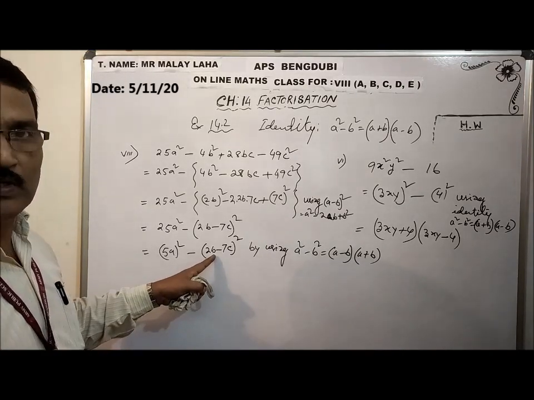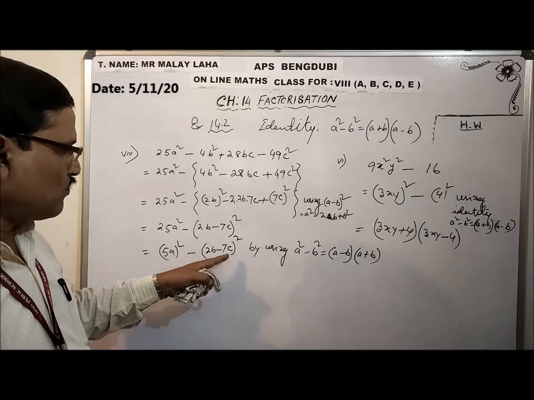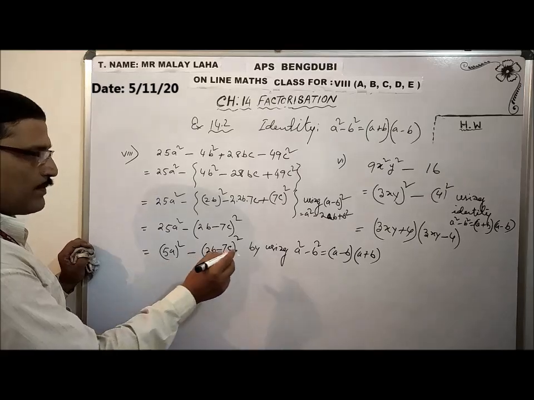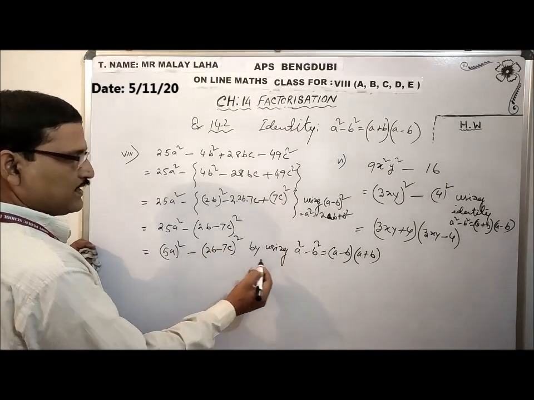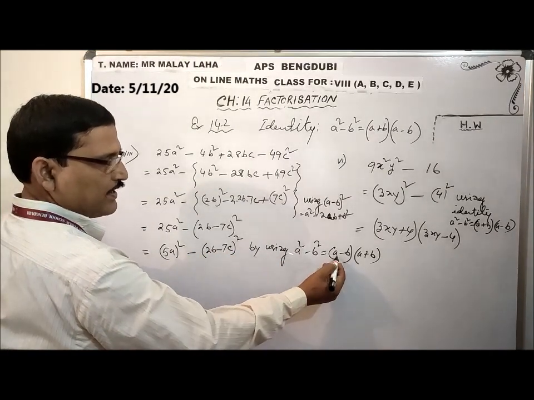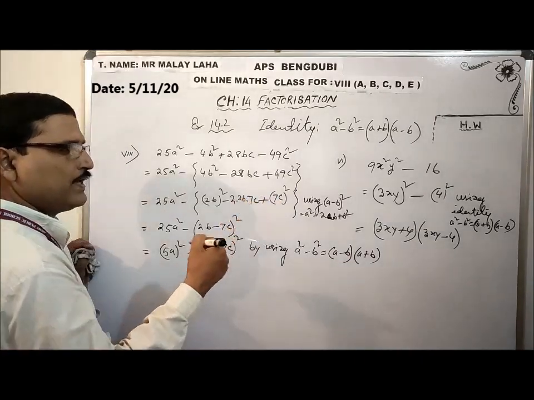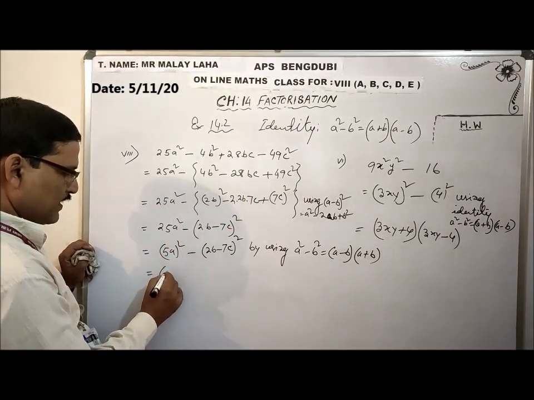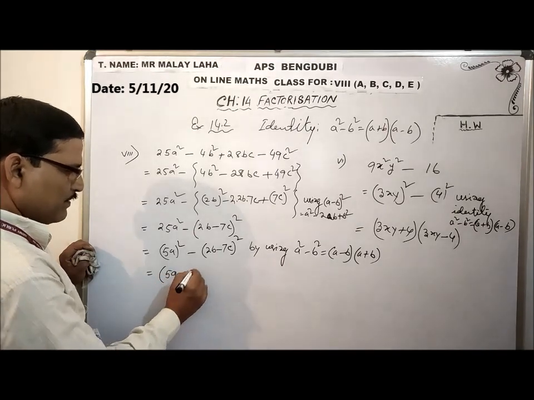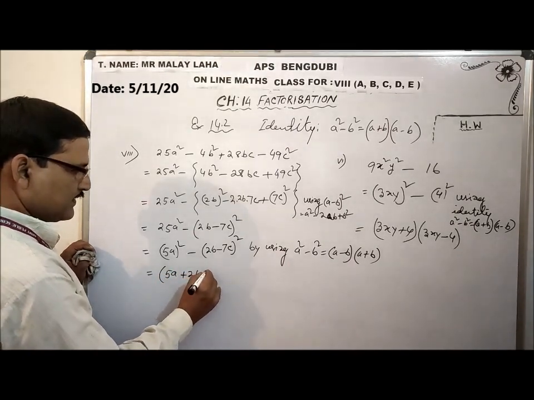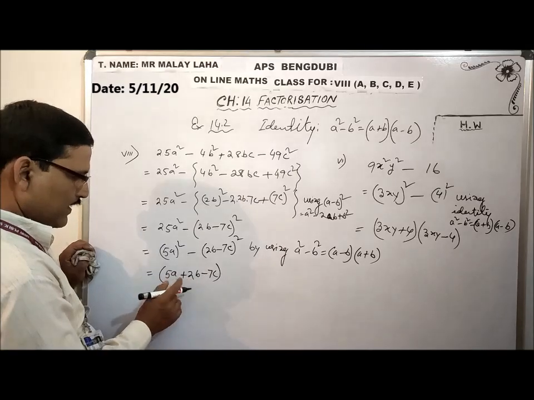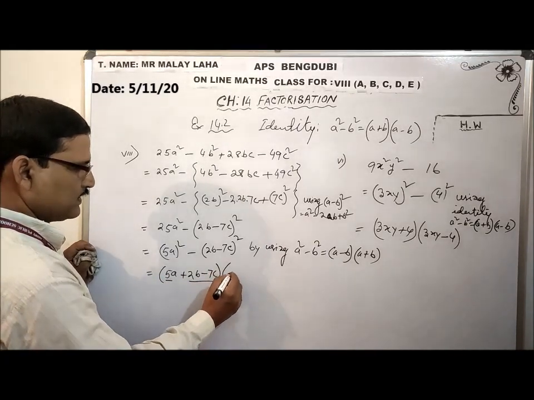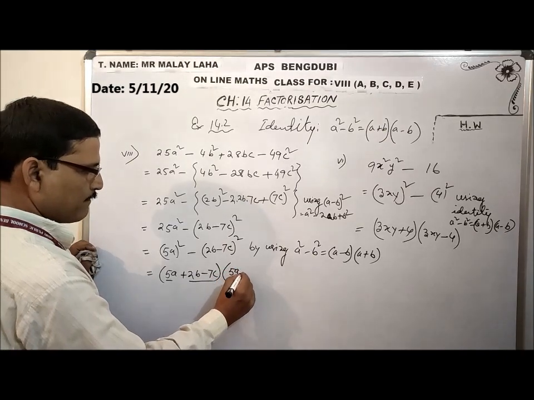So here two terms are there, many factors. Now all together I am considering as b. So then you arrange it in the a square minus b square form. You have to arrange it as a minus b into a plus b, or a plus b into a minus b. So it is a plus b: a means 5a, plus b means 2b minus 7c. Then a minus b: 5a minus.